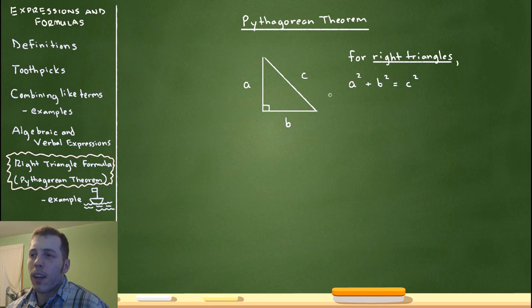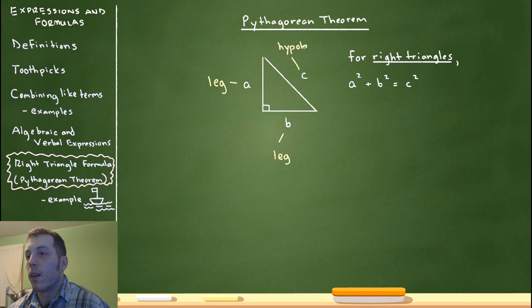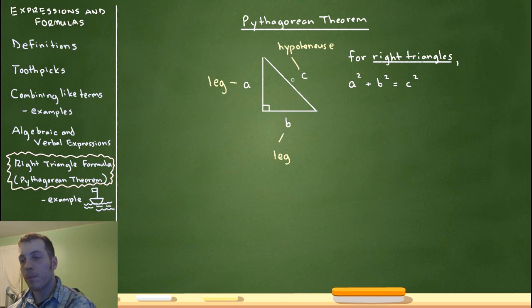So it's common to think that a and b could be any side of the triangle, but really a here is called a leg of the triangle, b is the other leg of the triangle, and c is the hypotenuse. Let me try to spell that correctly. Okay.